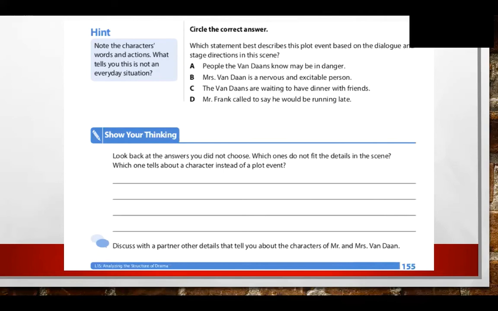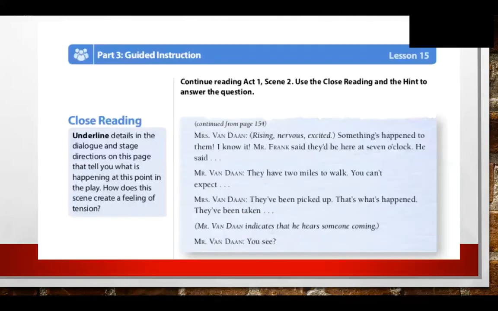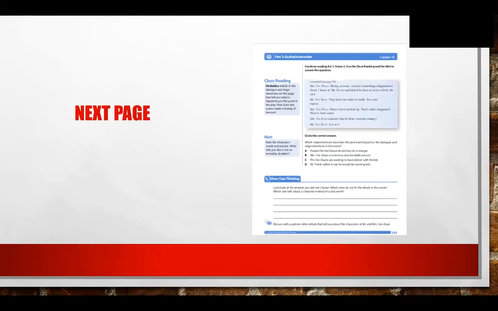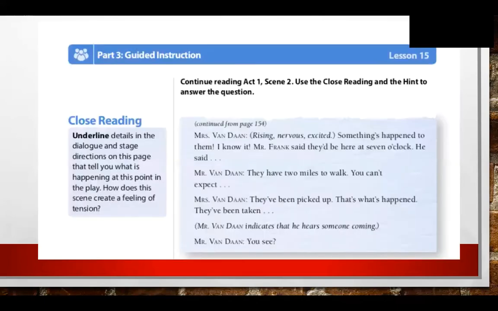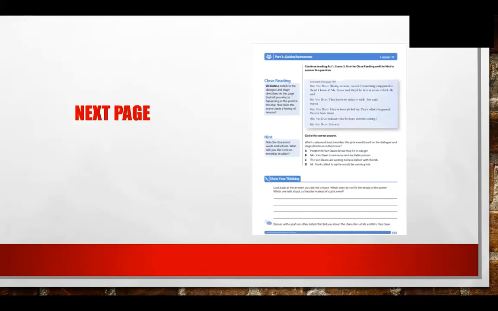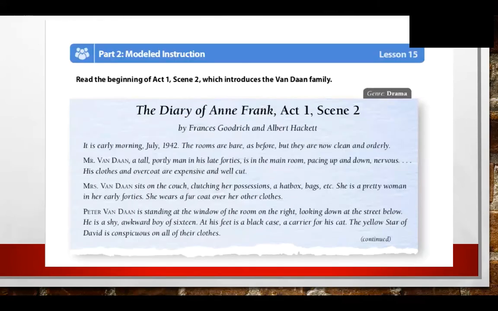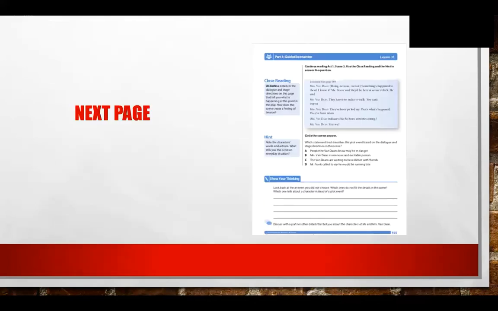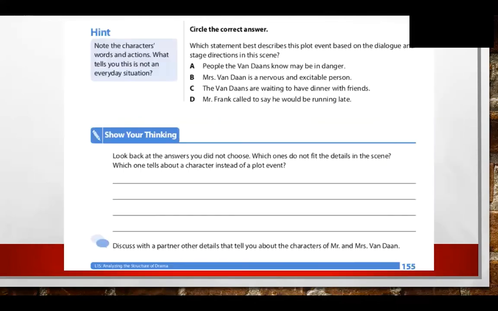The Van Dams are waiting to have dinner with friends. They've been taken. Also, if you go back, when we're introduced to Mrs. Van Dam, if you go way back, she's got her possessions, a hat box, bags, etc. Peter Van Dam is carrying his cat in a carrier. This does not sound like people meeting each other for dinner, okay?